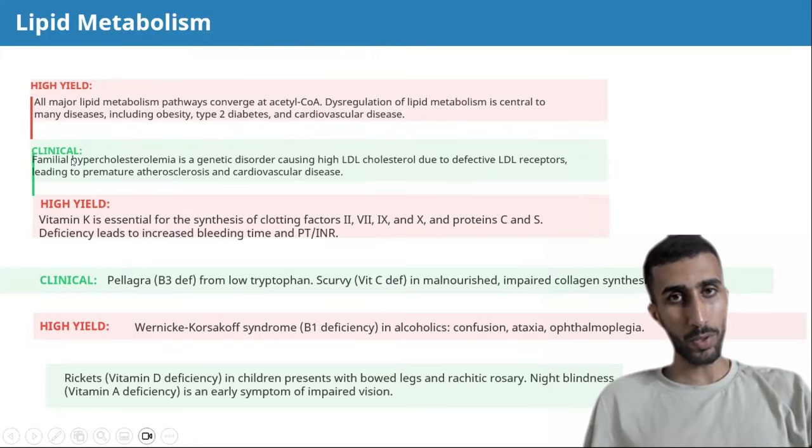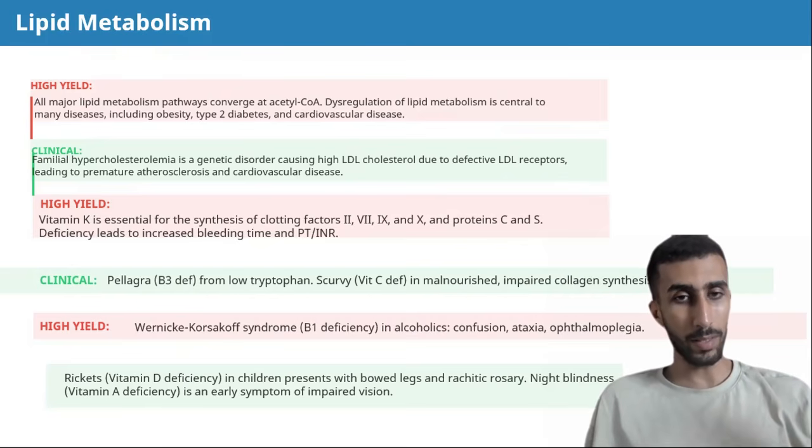There is a condition called familial hypercholesterolemia. This is an autosomal dominant condition due to LDL receptor mutation. The LDL receptor mutation means LDL cholesterol is not cleared. This is the bad cholesterol. There is HDL, LDL, and VLDL, and LDL is the bad cholesterol.